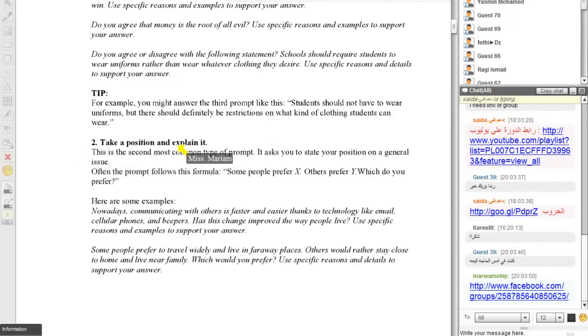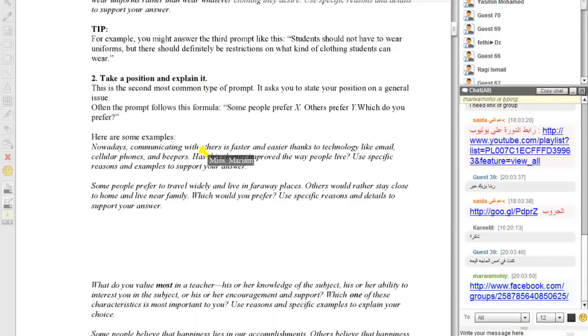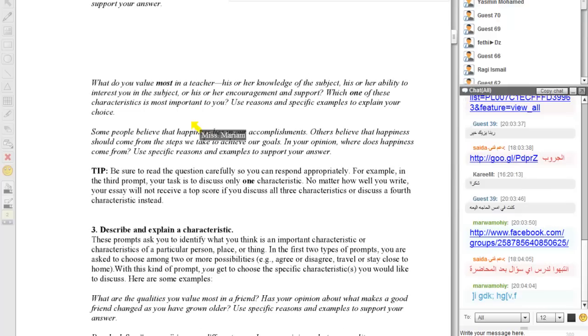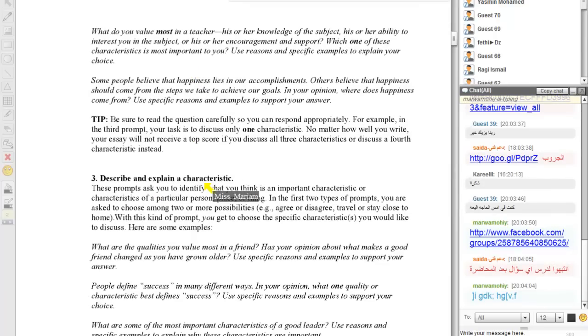The second type is to take a position and to explain it. To put yourself in the position of the statement and to talk about this, or to write an essay about this. Then, to describe and explain characteristics.